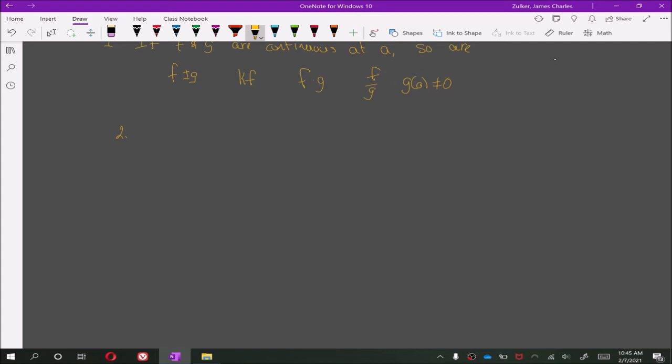Second property, polynomial, rational, radical, exponential, and logarithmic functions are continuous over their domain.